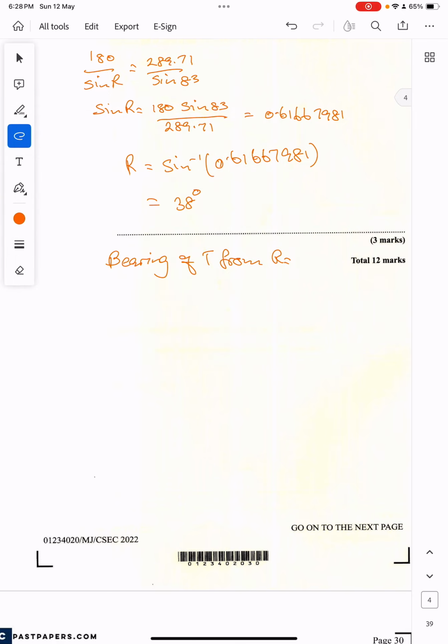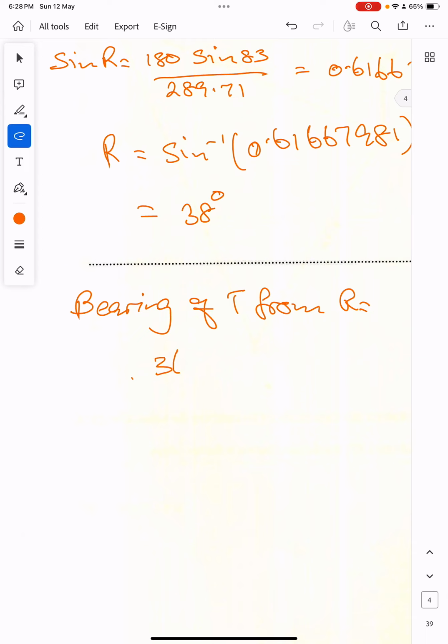So that's going to be 360 minus the sum of 115 plus 38. So this is going to work out to be, let me see, 38 plus 115 is 153. I'll take it from 360, and this is 207 degrees. That's 207 degrees.